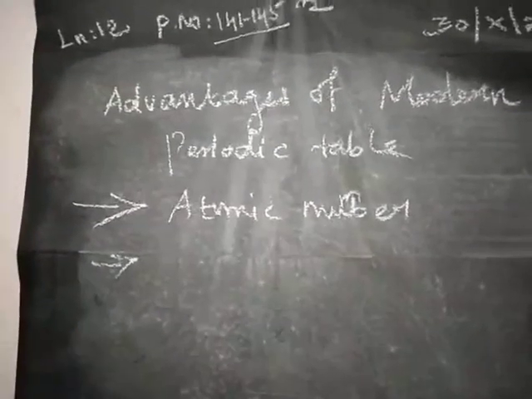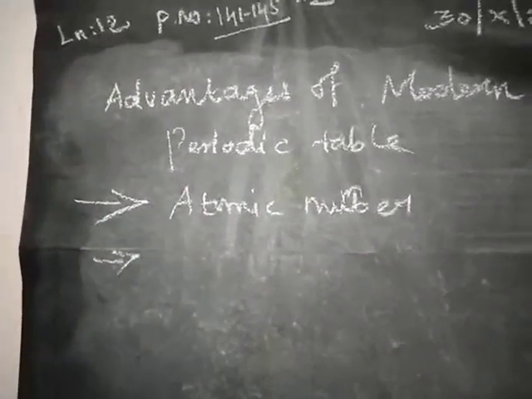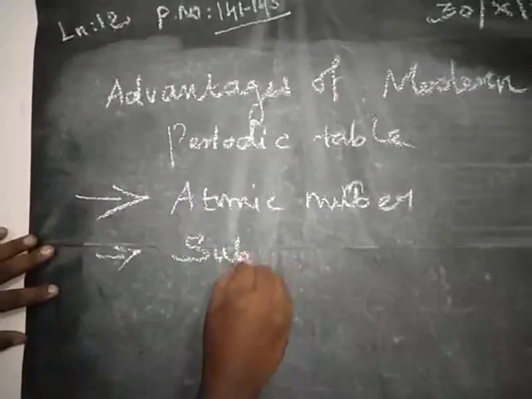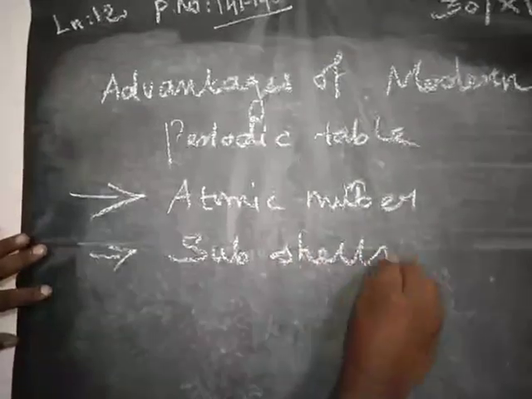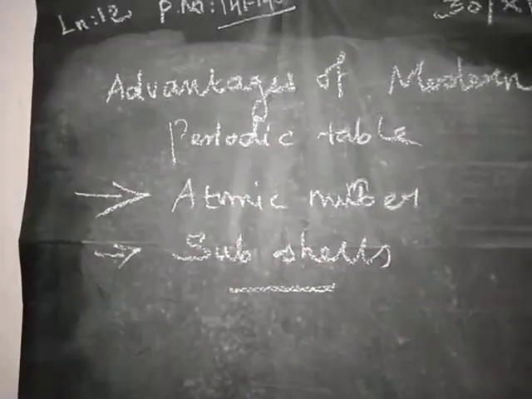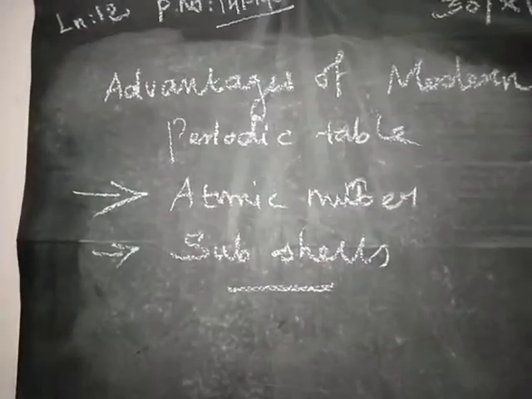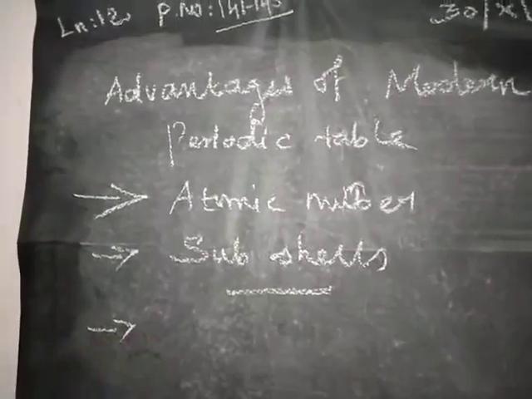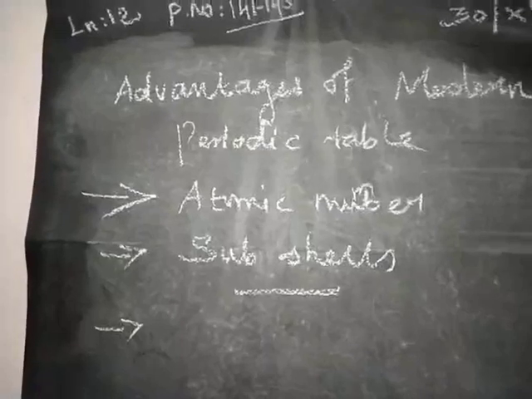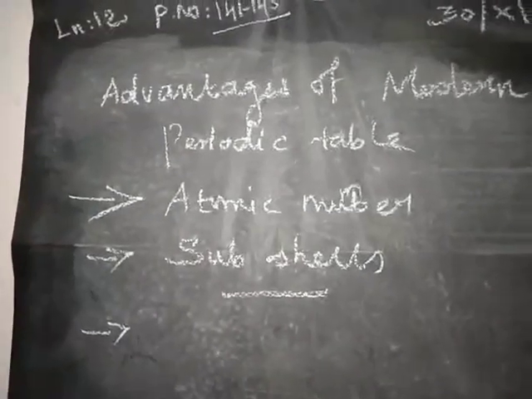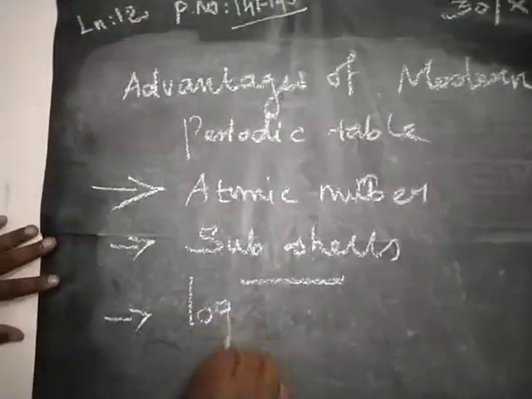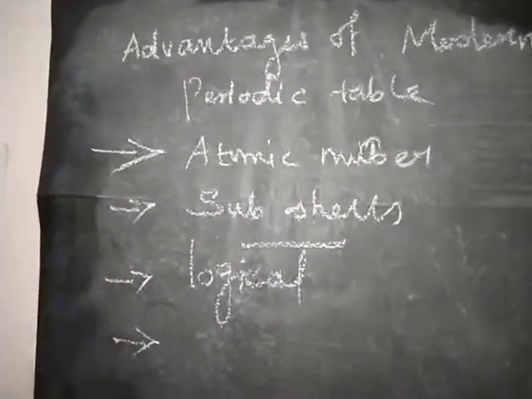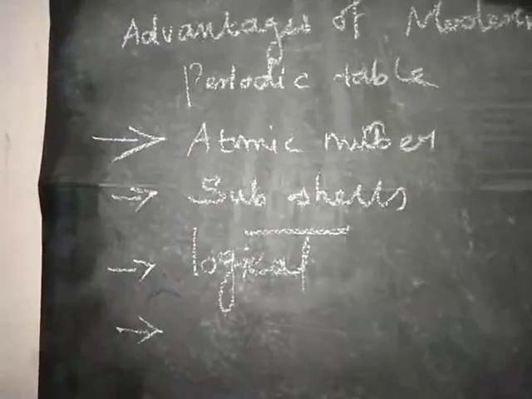Next, the electrons are present in the outermost shells and subshells, so the electronic configurations are clearly explained. Next, the completion of each period is more logical. Next, it is easy to remember and reproduce.